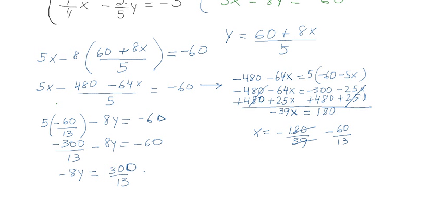Well, if I multiply 60 times 13, I have 780 over 13. So now I have negative 8y equals negative 480 over 13.